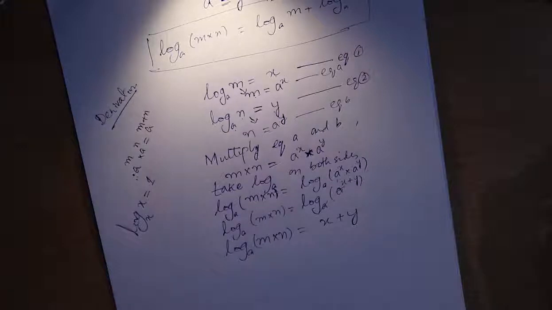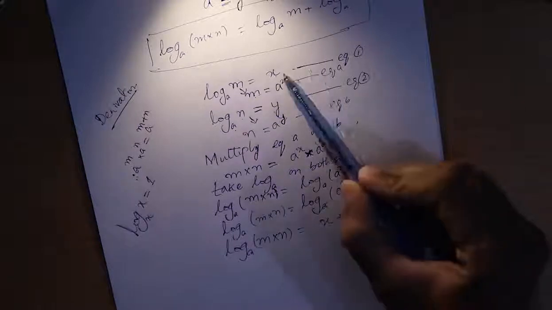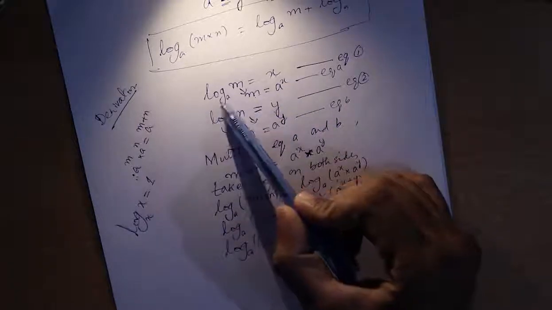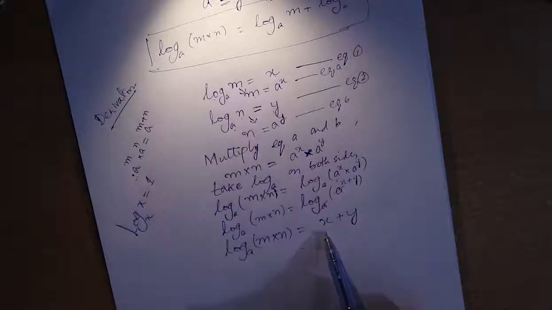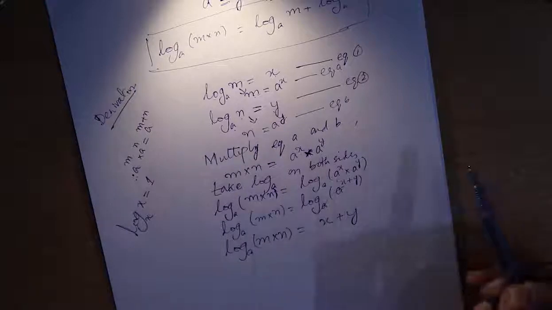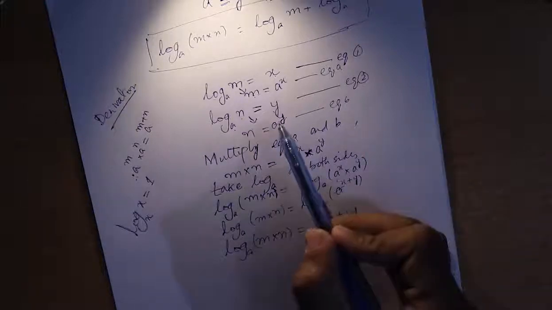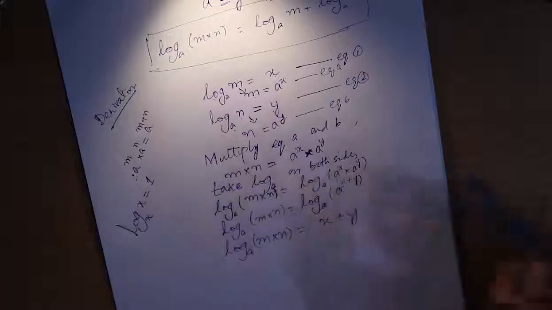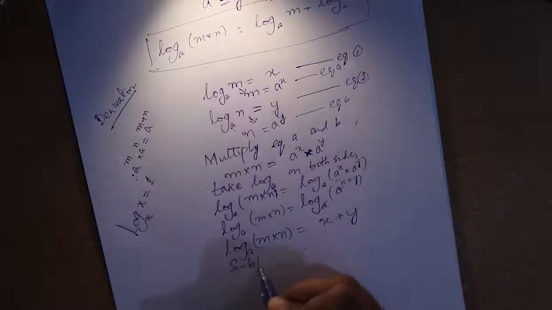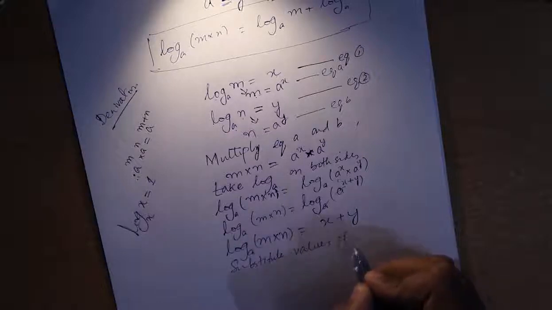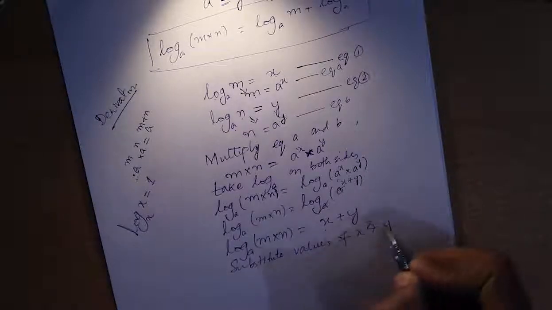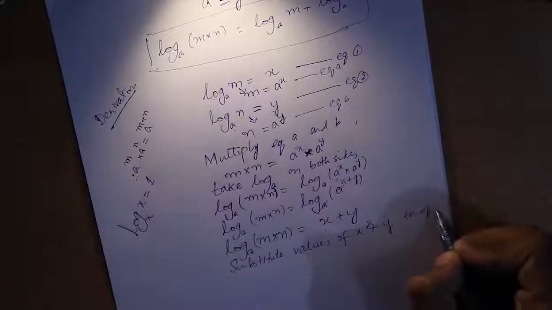Now we have an equation where the log of the product is equal to x plus y. But you can clearly see that equation number 1 says the value of x is the log of m on base a. We will write x equals log of m on base a, and y equals log of n on base a. So substitute the values of x and y in equation 3.